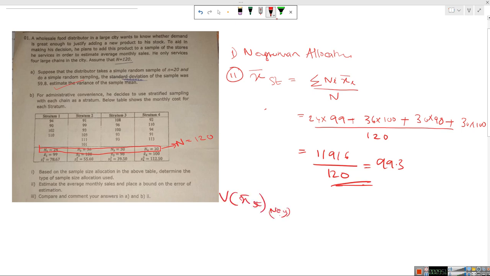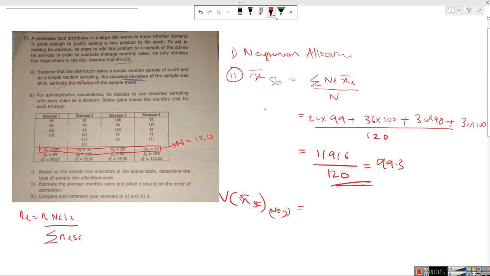Now you see here for this we have the equation, but under Neyman allocation we haven't calculated the sample sizes, right? So now we will first calculate ni is equal to n into Ni Si divided by summation Ni Si, right?